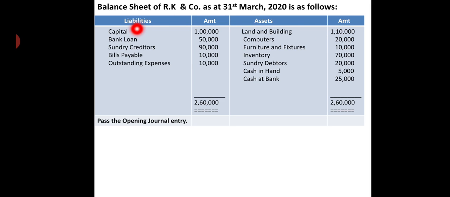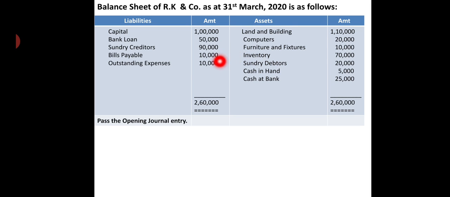In liability side, you can find out some items like capital, bank loan, sundry creditors, bills payable and outstanding expenses. These all are liabilities. Capital is there plus items of liability below the capital, all the items are liabilities. And on asset side, all sort of assets, that is fixed asset as well as current asset as well as non-current asset, all are given together.